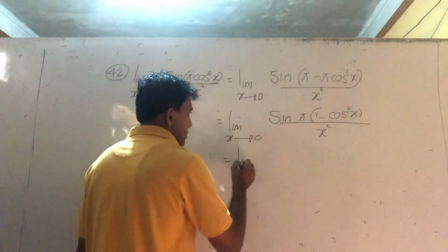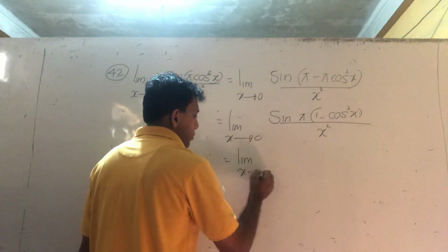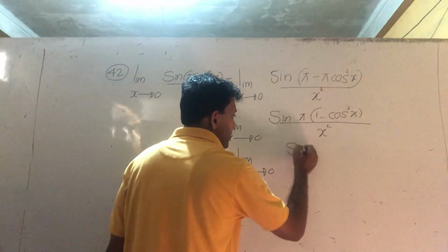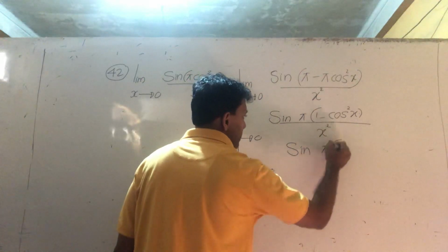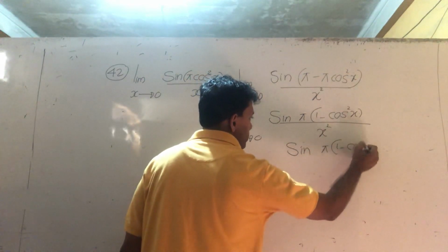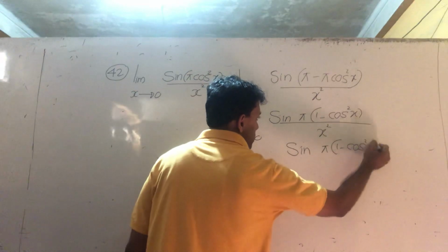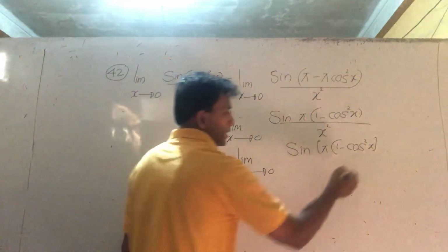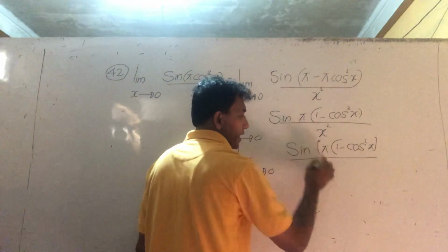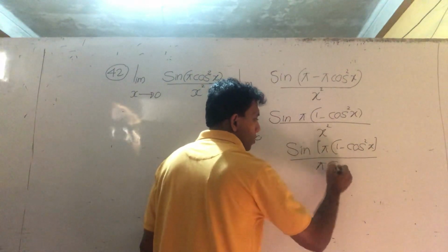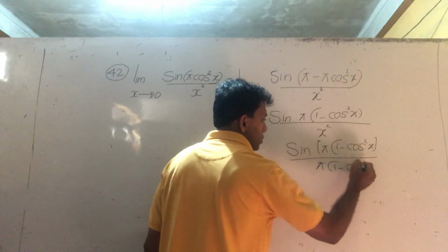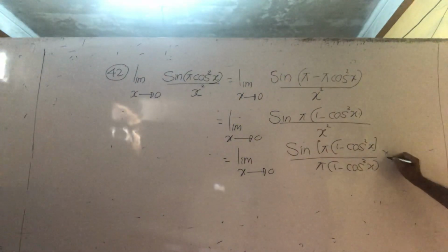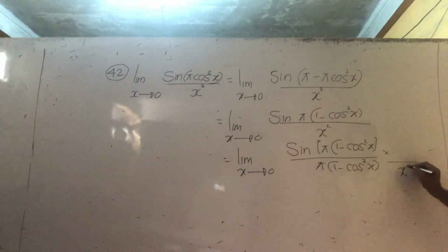So limit as x approaches 0. Can I show this sin theta? Here theta is this. This acts as sin theta, then over theta without the sin: pi into (1 minus cos²x), and there is the x² below, right?